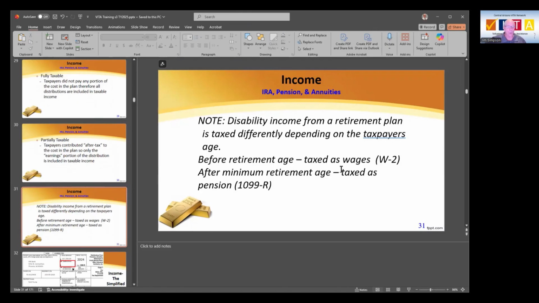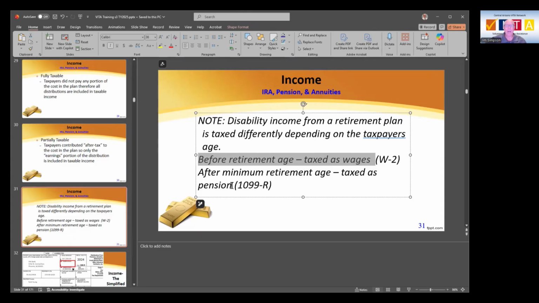So here's a note about disability income. And this would, in that 1099-R, I think that's box 3. And it'll say here that if you get disability income before retirement age, it's taxed as wages. But then if you get disability after your minimum retirement age, it's taxed as a pension. Now, why would that matter?